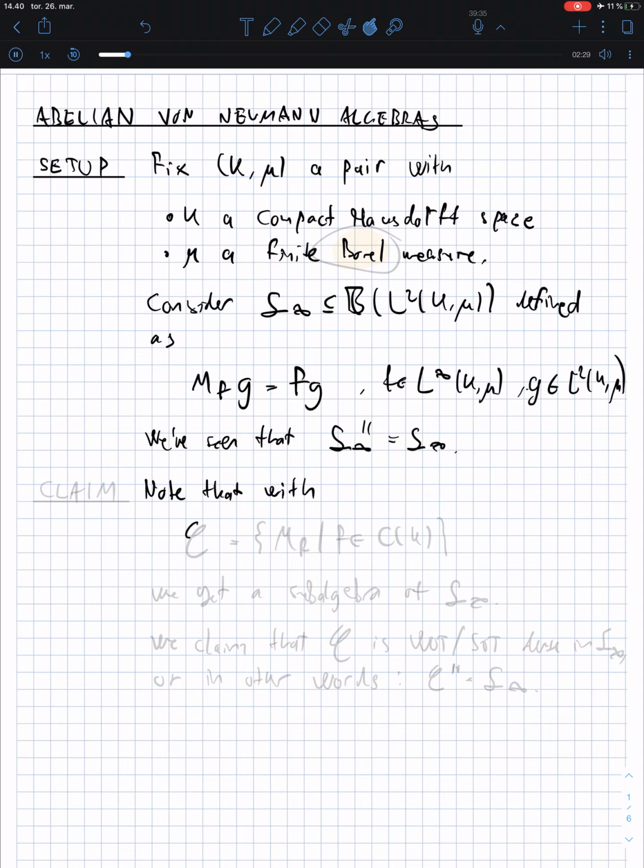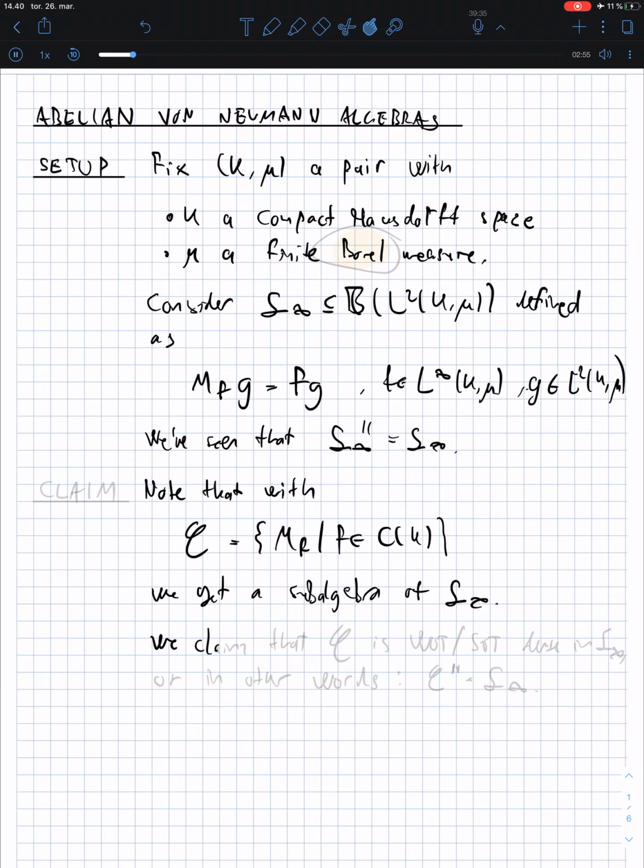So note that with C written as the M_F's, where F is in C of K, we get a subalgebra of L infinity.